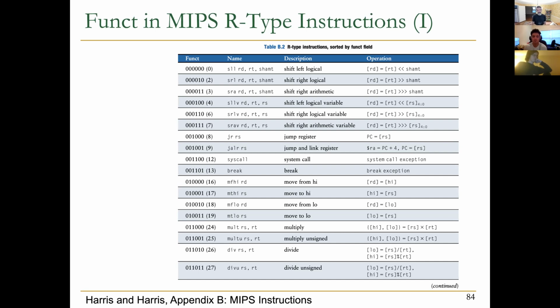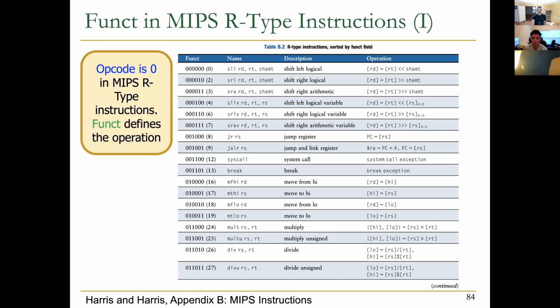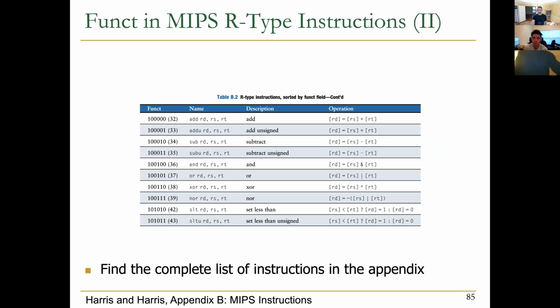We have so many different even R-type instructions, but you know that we have I-type and also J-type as a part of this MIPS ISA. For example, we had discussed add before.